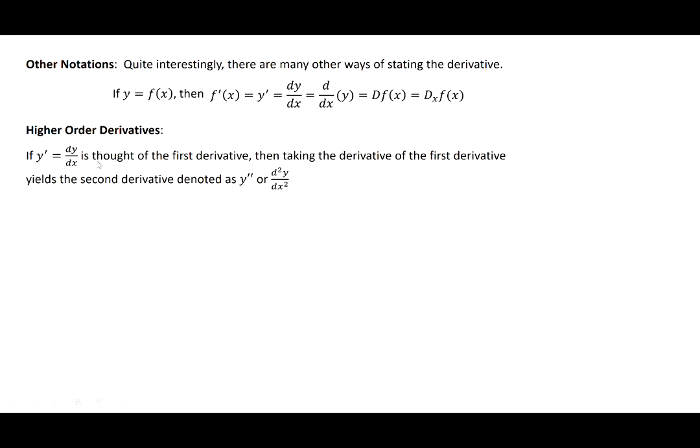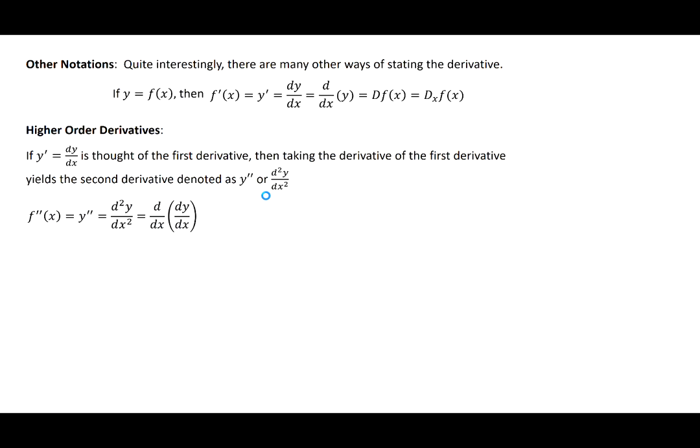If y prime equals dy dx is thought of as the first derivative, then taking the derivative of the first derivative yields the second derivative, and the way we denote that is y double prime, right, 2 primes, or d square y dx square. Notice how I read this. D square y over dx square, but I didn't say over. Just like that dy dx, people say d square y dx square. But you kind of have to understand, oh, you mean d square y over dx square. Yes.